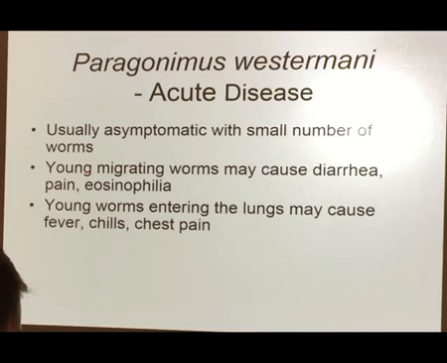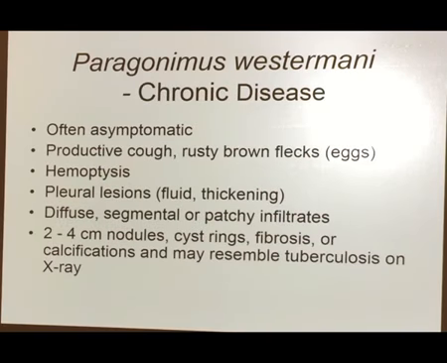So the young migrating flukes can induce systemic signs, can result in diarrhea, pain, and eosinophilia. And when the young worms cross the diaphragm and start penetrating the lungs, this can produce chest pain, and fever and chills. Typically, though, that only happens if a lot of metacercariae are ingested at once.